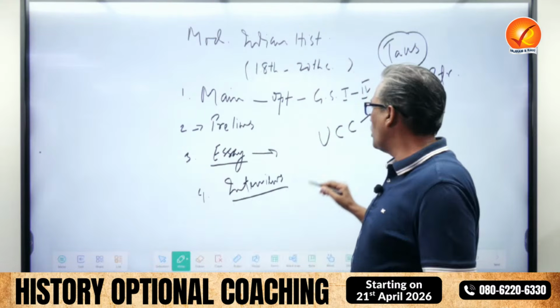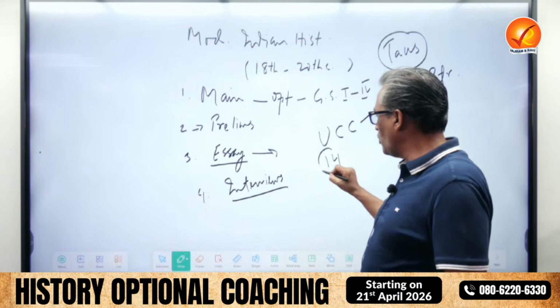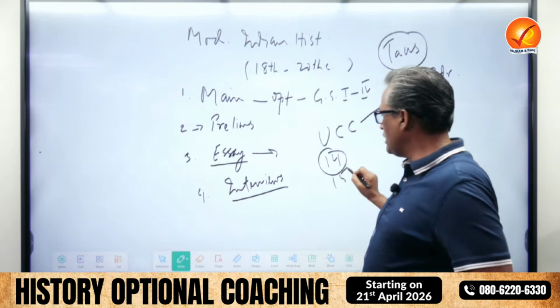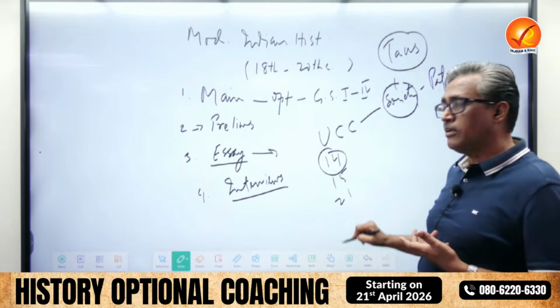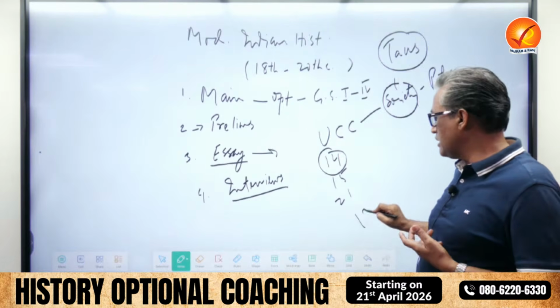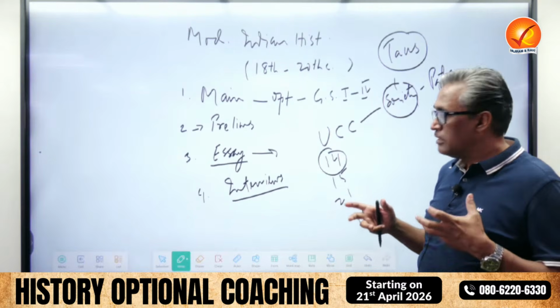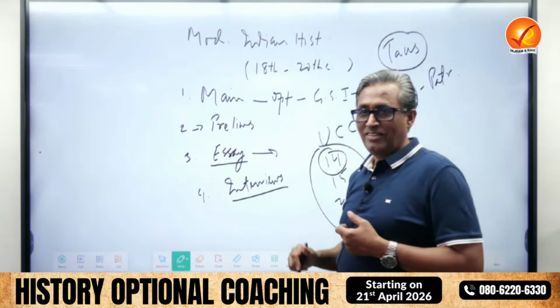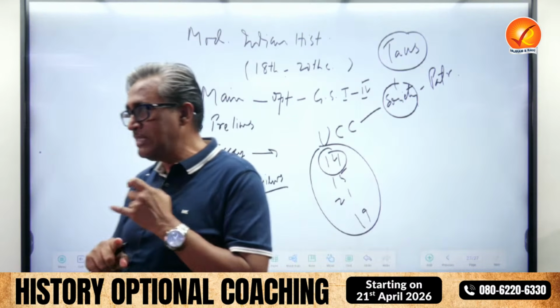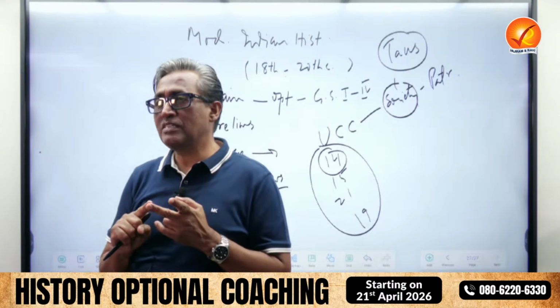UCC talks about Article 14 equal rights, Article 15 additional rights for women, Article 21 right to life, and Article 19 a series of rights. These ideas emerged in modern India with the idea of liberty, equality, fraternity.